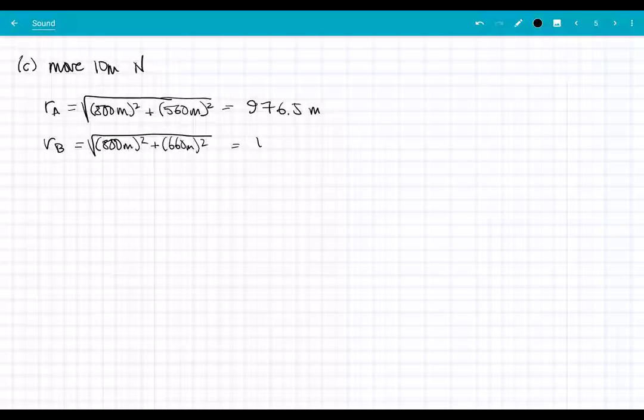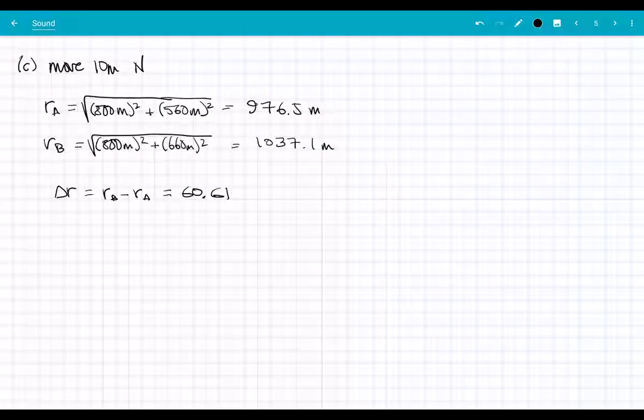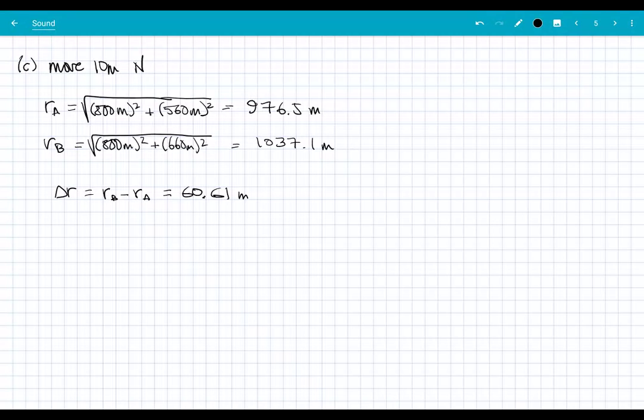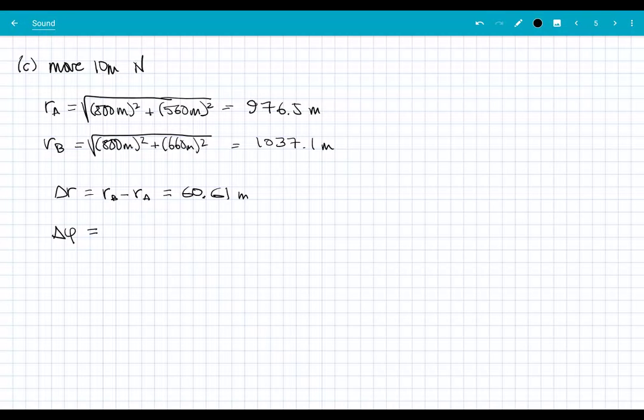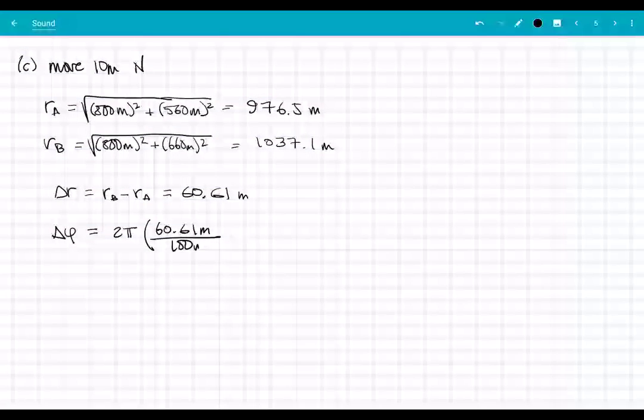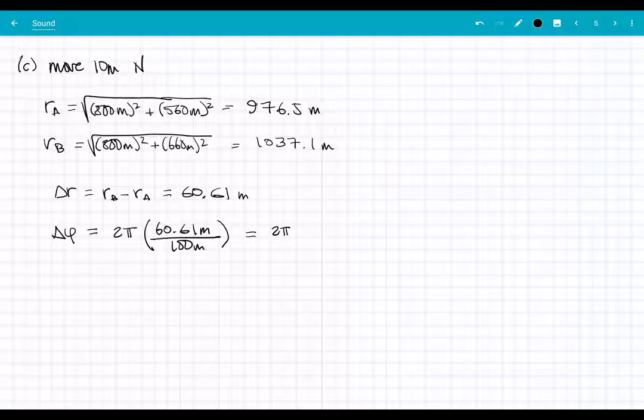So that gives me 1037.1-ish meters. My delta R, that's still R sub B minus R sub A, is now 60.61 meters. And my phase shift at the point where we're reading the meter is equal to 2 pi times 60.61 meters, so that number has changed, over 100 meters, wavelength doesn't change.